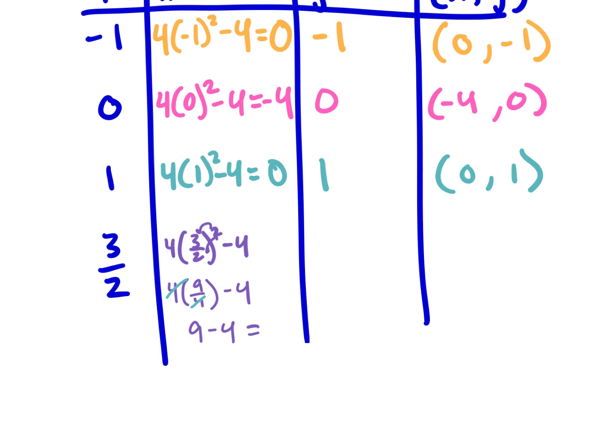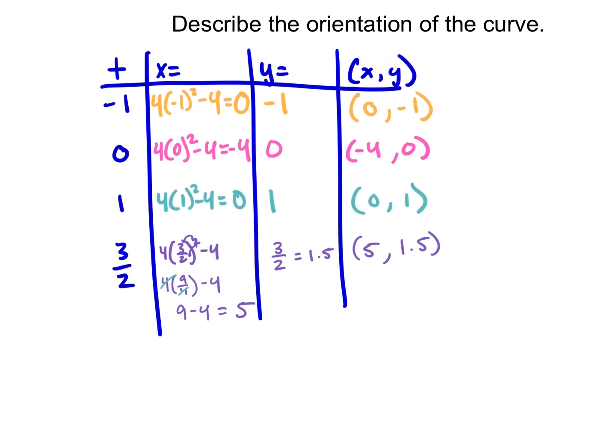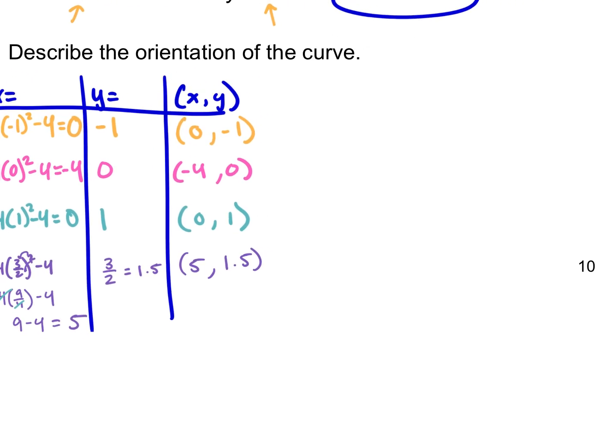What's 9 minus 4? 5. And then our y value would just be 3 over 2. So 5, what's the decimal version of 3 over 2? 1.5. Just make it a decimal to make it more helpful to help you graph.